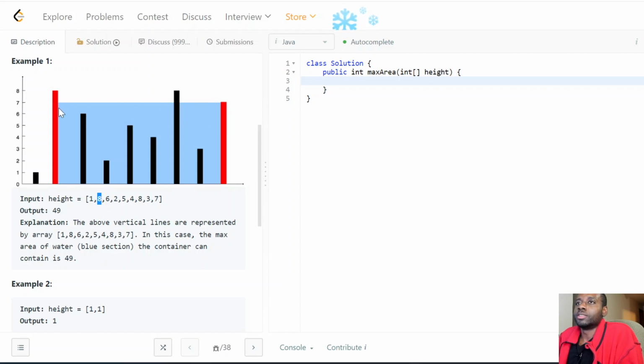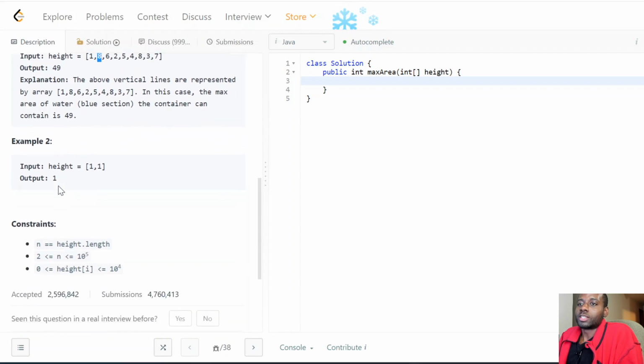The height of whatever lines you're combining is bounded by the shortest line, because if we were to choose the taller line, then water would go over, so we wouldn't be able to store it. That's how we know for sure that the water is going to be contained in there. So we get the minimum height of 7, and the width is also 7, which is why we end up with 49.